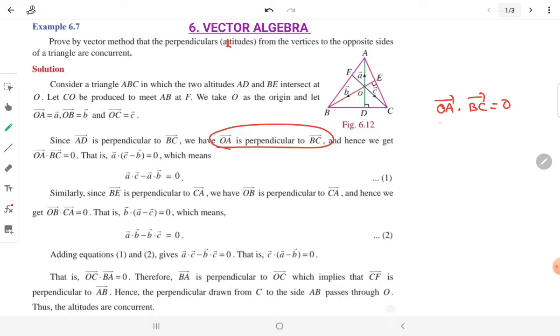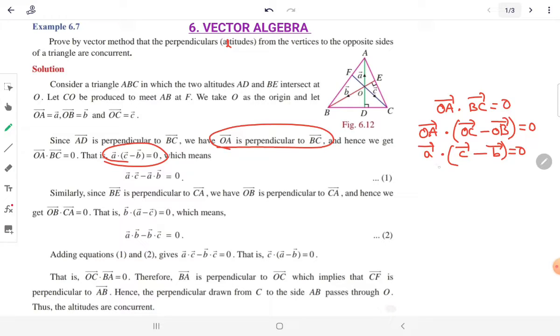So OA vector dot BC, which is OC minus OB, is equal to 0. So OA is vector A dot (OC is vector C minus OB is vector B) is equal to 0.